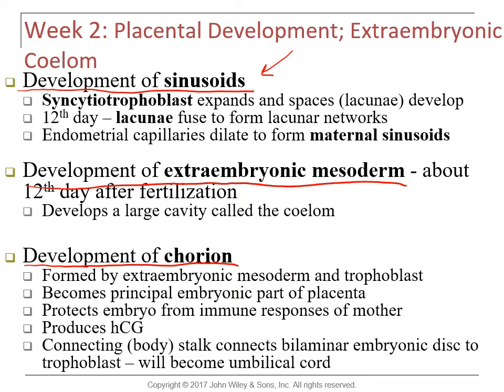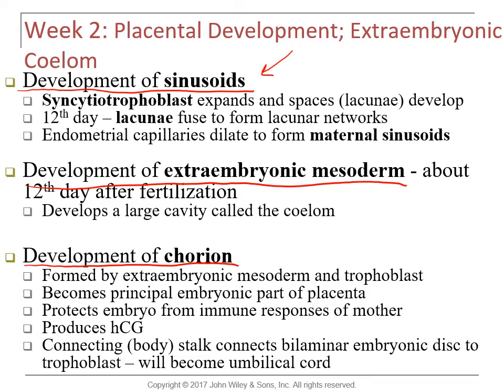As the syncytiotrophoblast expands, small spaces called lacunae develop within it. By the 12th day of development, the lacunae fuse to form larger interconnecting spaces called lacunar networks. Endometrial capillaries around the developing embryo become dilated and are referred to as maternal sinusoids.